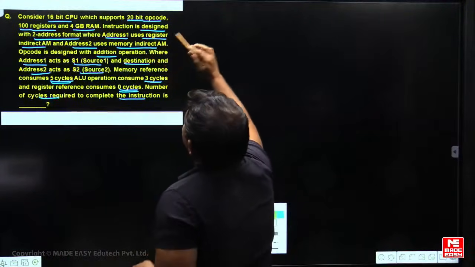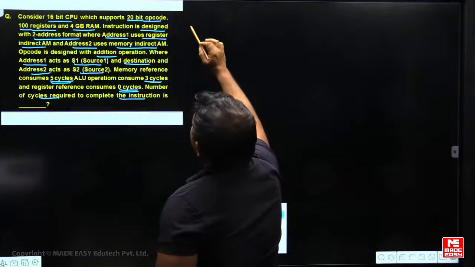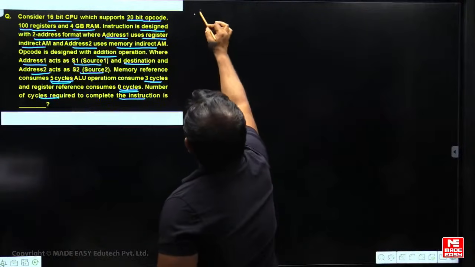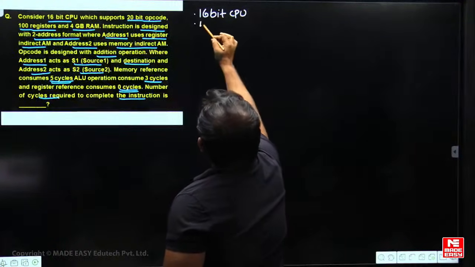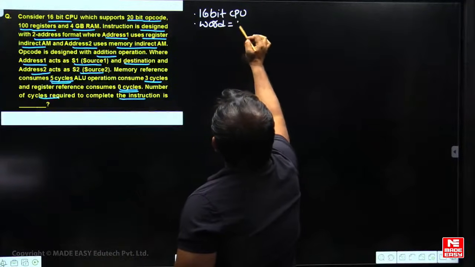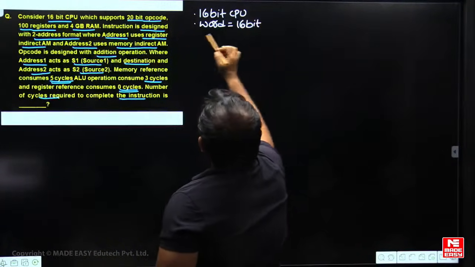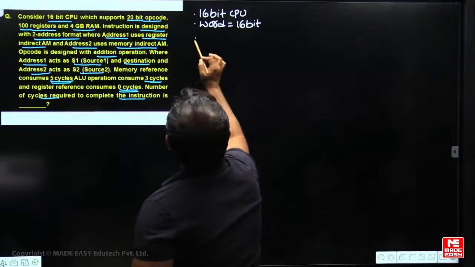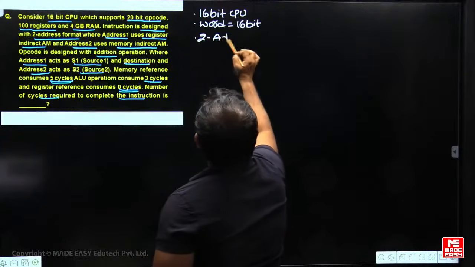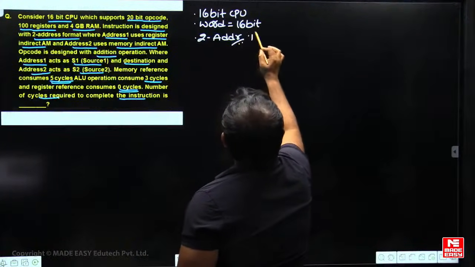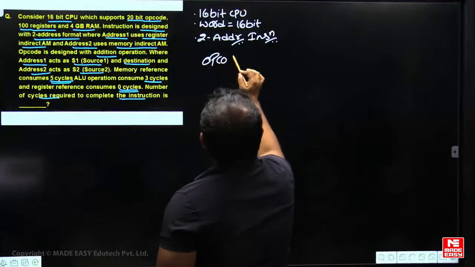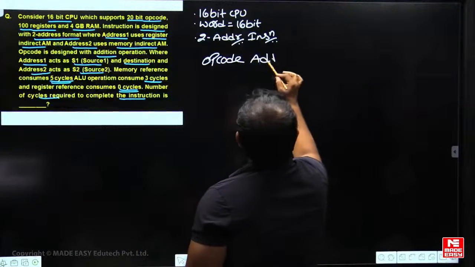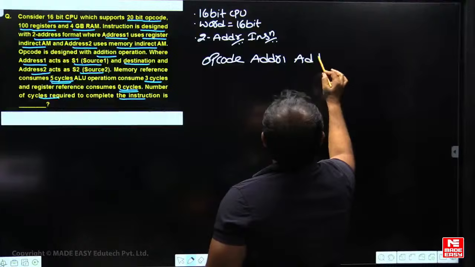The question says there is a 16-bit CPU, therefore word length is equal to 16. But there is an instruction with two addresses: address 1 and address 2.